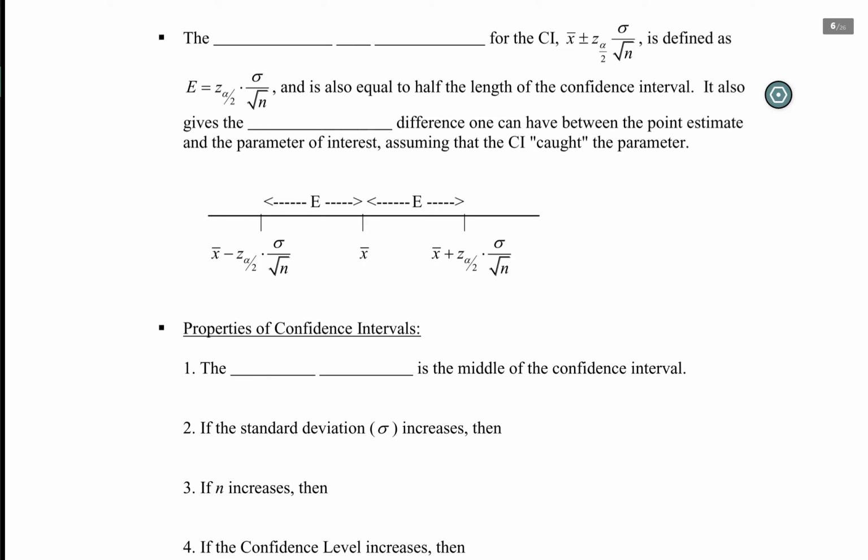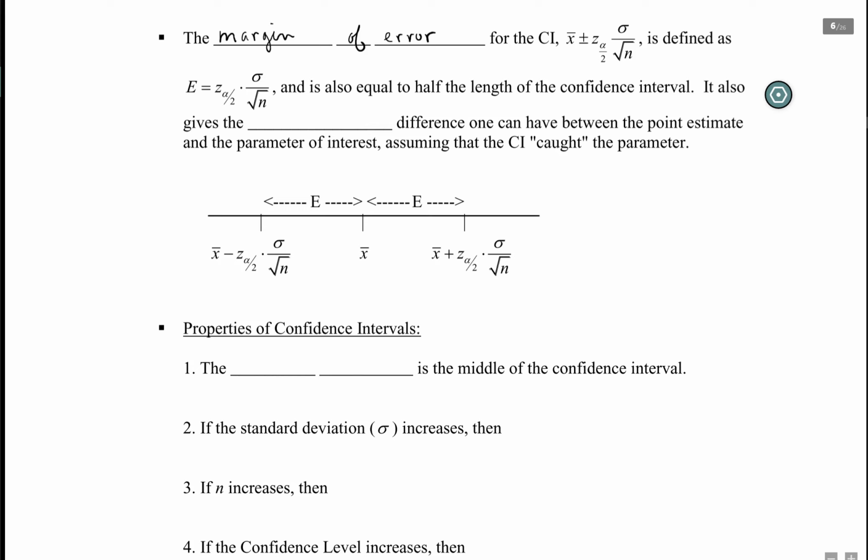Okay, continuing on with confidence intervals. I want us to look at some properties of confidence intervals. First, I want us to think of this quantity that I have talked about before in an example, called the margin of error.